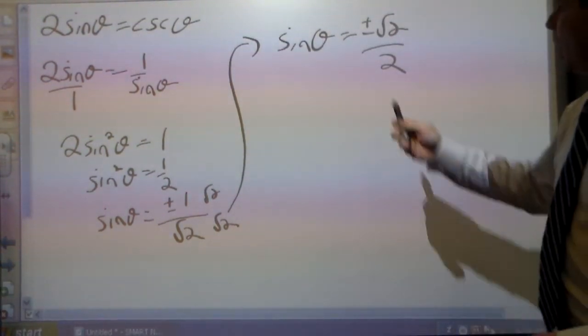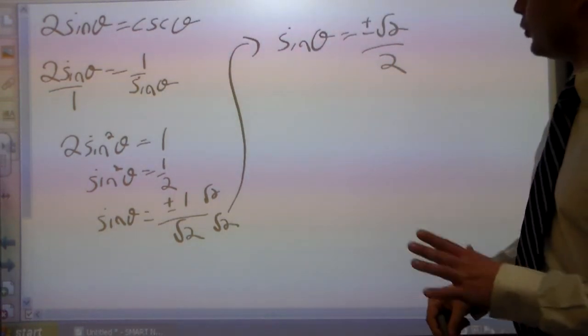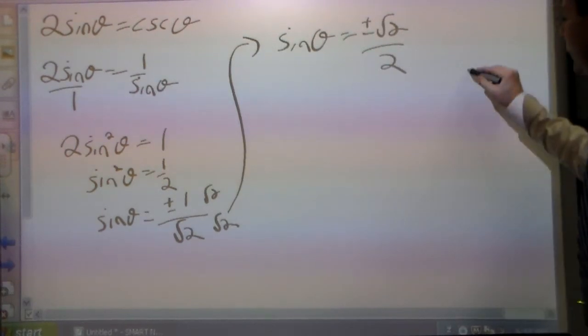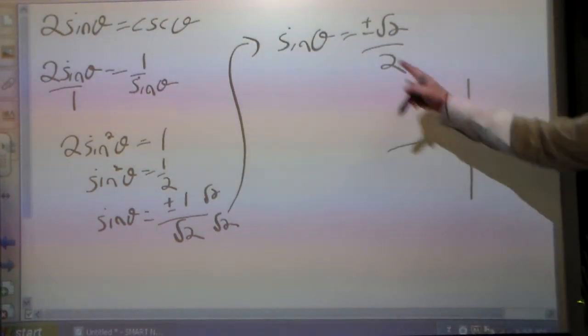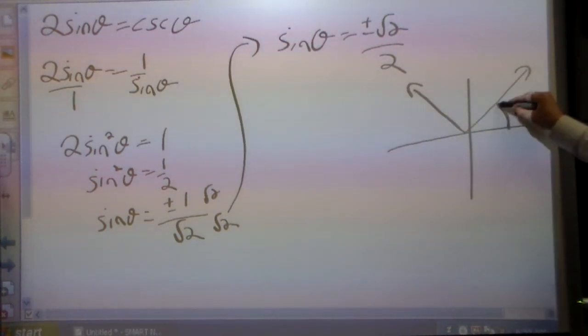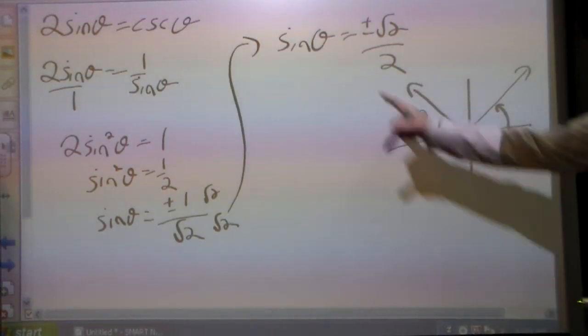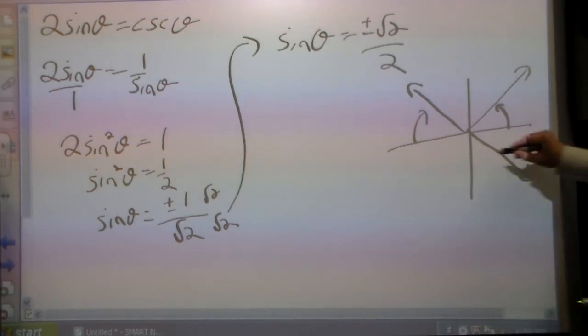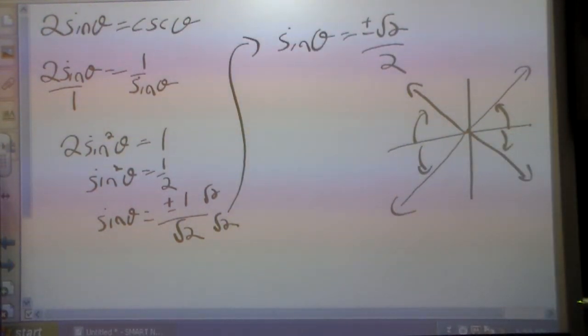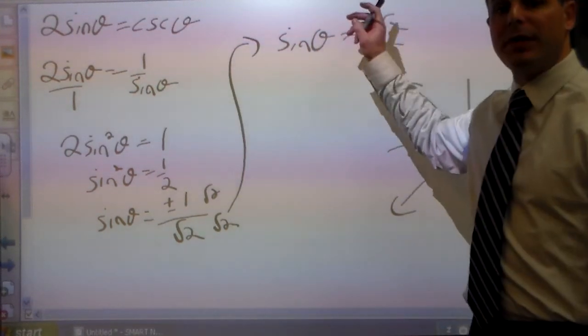Well, that's a special right triangle value that you should be familiar with, but the existence of a positive and a negative is telling us that we're looking for solutions wherever sine's positive, sine's positive there, and where sine is negative. Well, sine's negative here, and sine's negative here. So we're looking for a solution in all 4 quadrants with the same reference angle.